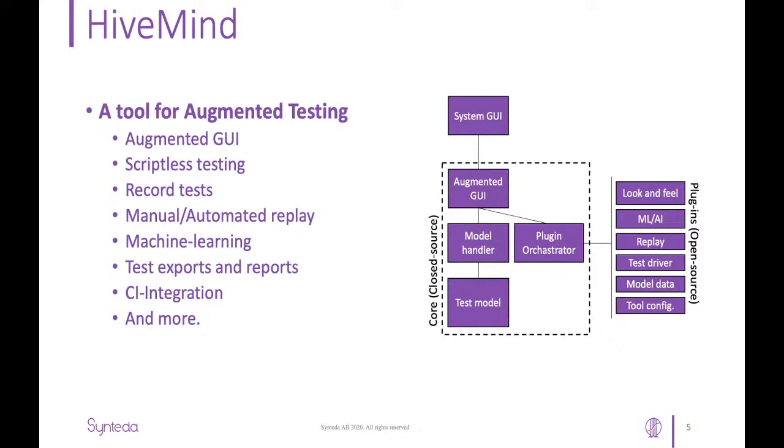So you're able to interact with the GUI, replaying test cases that have been manually recorded previously, and simply clicking through them to do regression testing. Alternatively, you can automatically replay them.